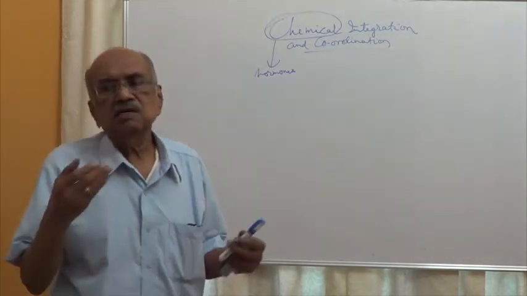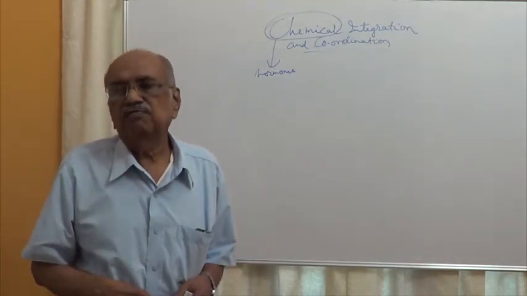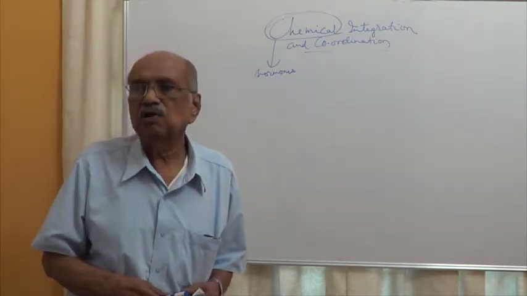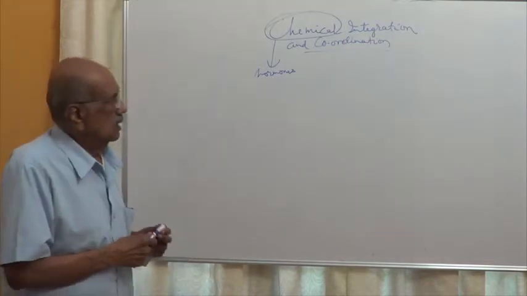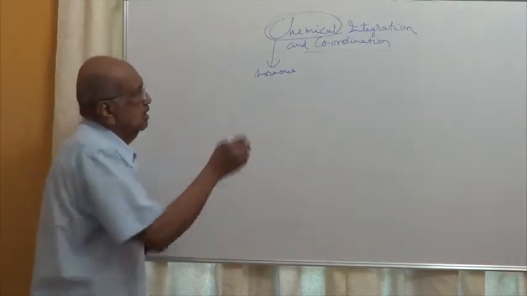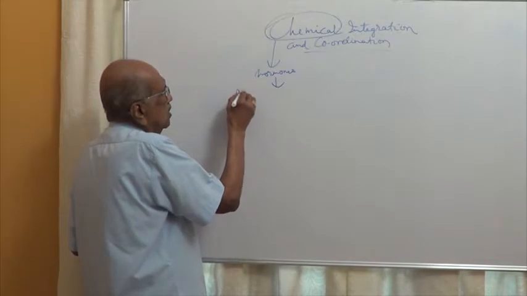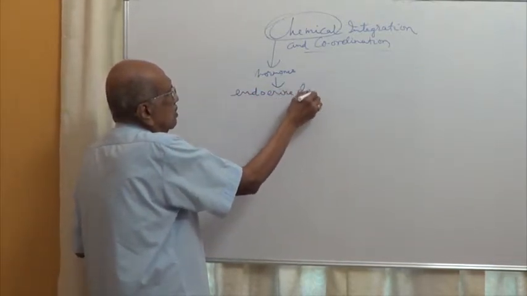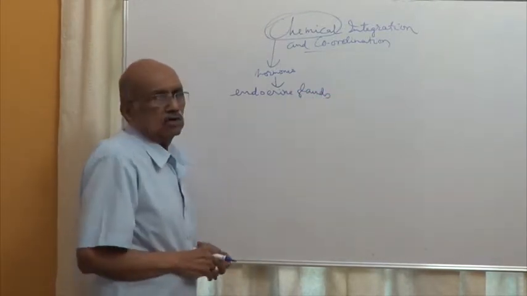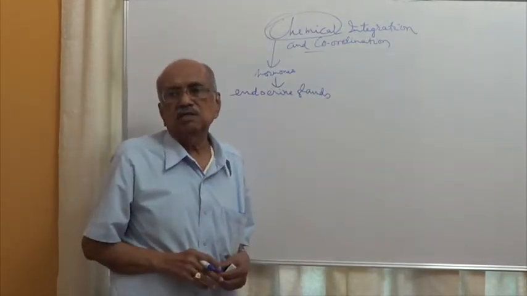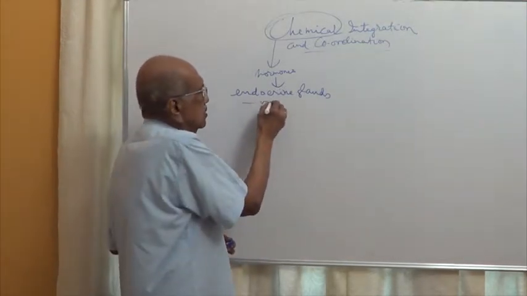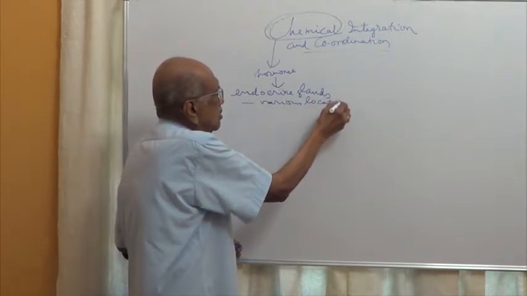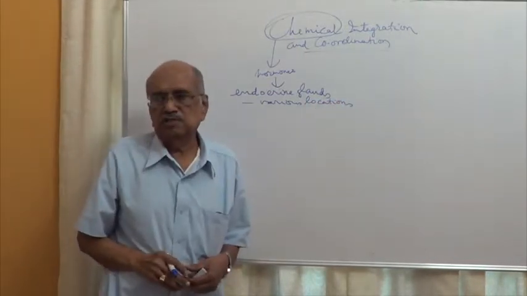We will be discussing effects of certain chemicals on the body. Those chemicals are called hormones. Hormones are released by, as you know, I needn't tell you all that, endocrine glands. Endocrine glands are found inside the body in various locations.